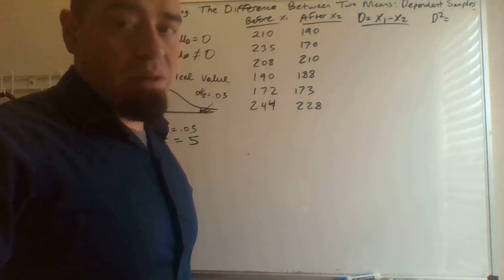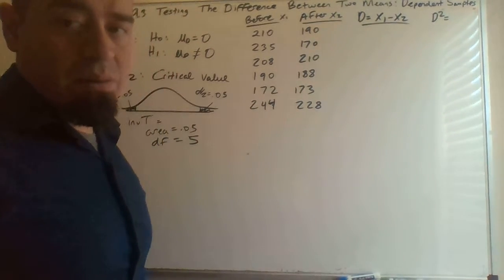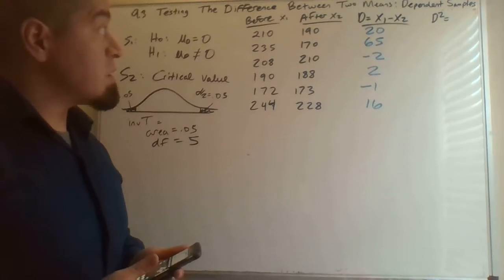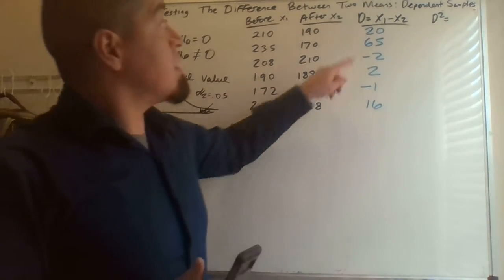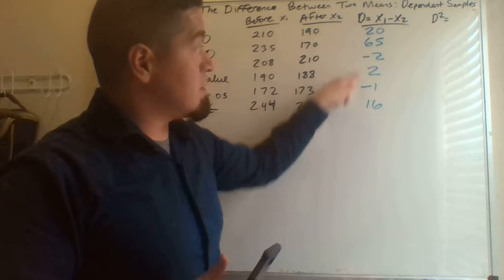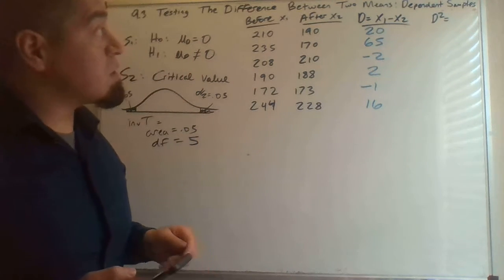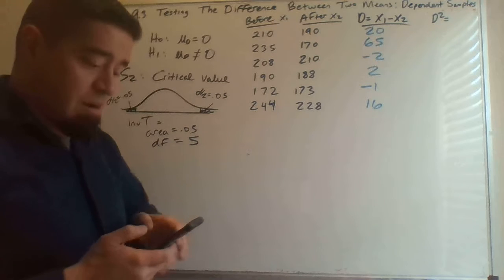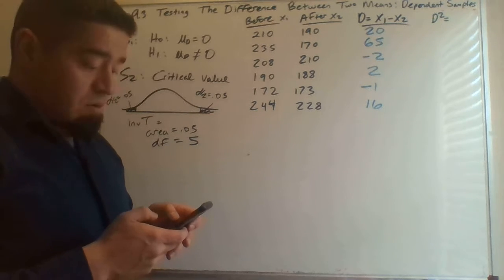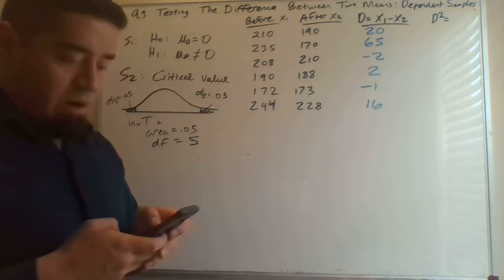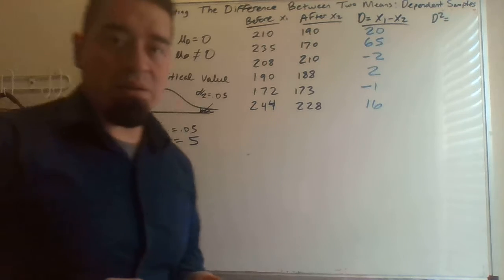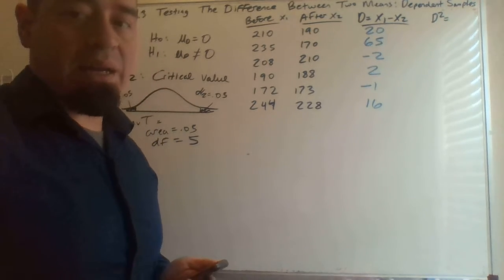So that's what I'm going to do and put it on the table. Doing what I described, L1 minus L2, I got this in my list 3, and copied it up here. And then L4 is your differences squared, or D squared. So I'm going to do L3 squared on my calculator and then write the results from that list.